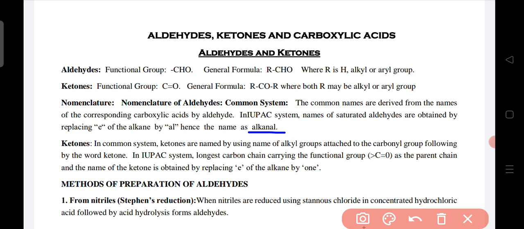If there is one more group and you want to number, number the chain by considering the carbon of the aldehyde group as 1, because aldehydes are terminal groups.